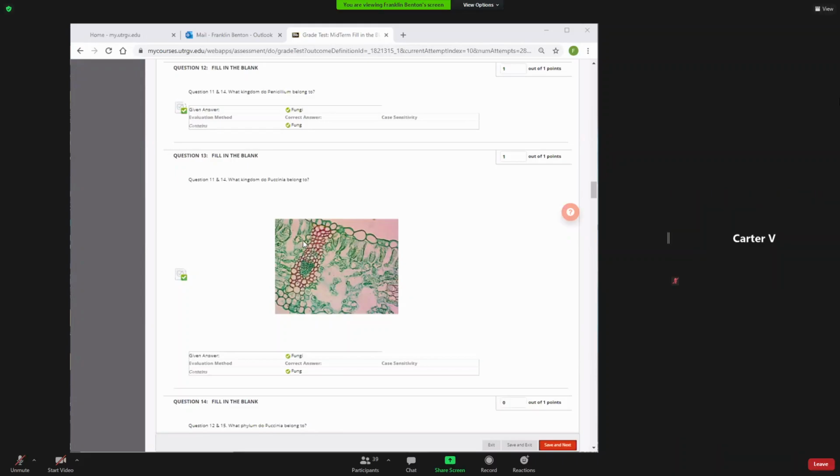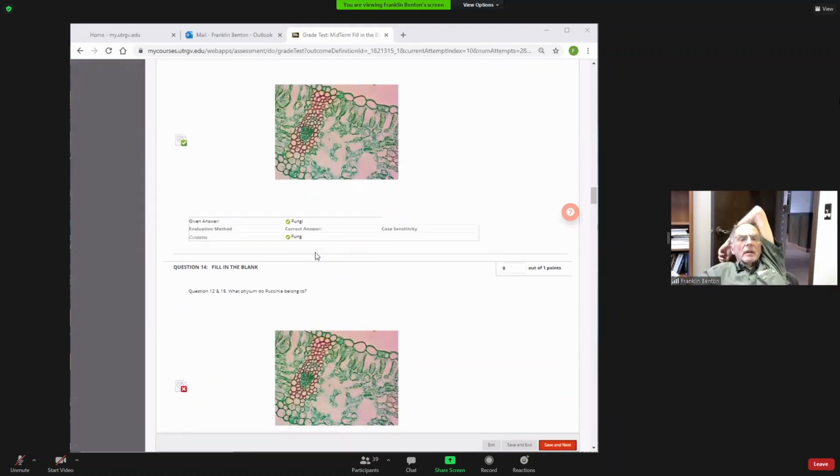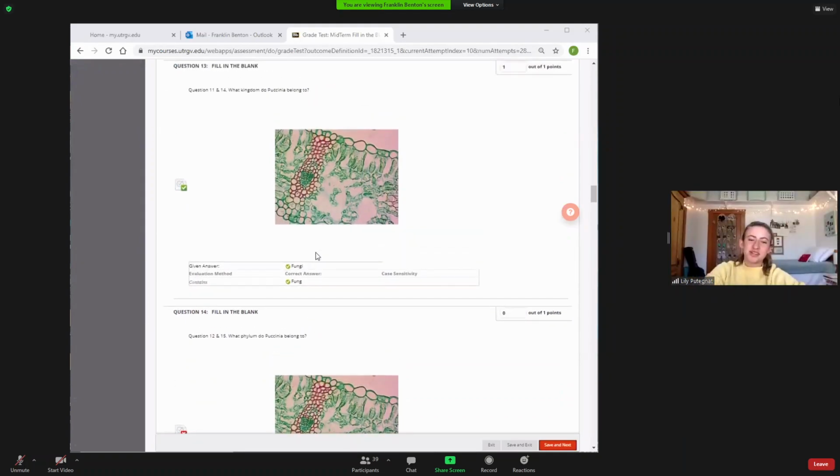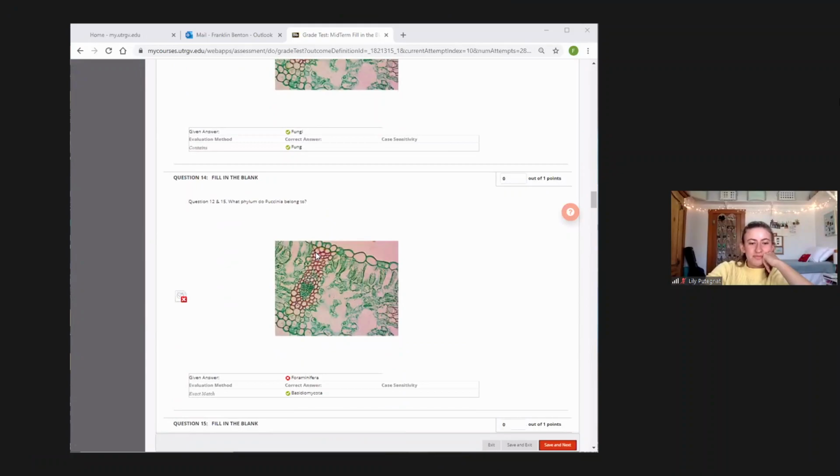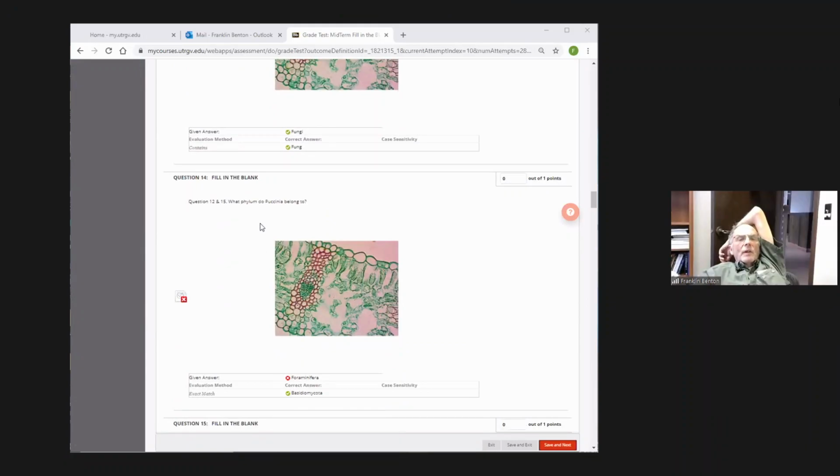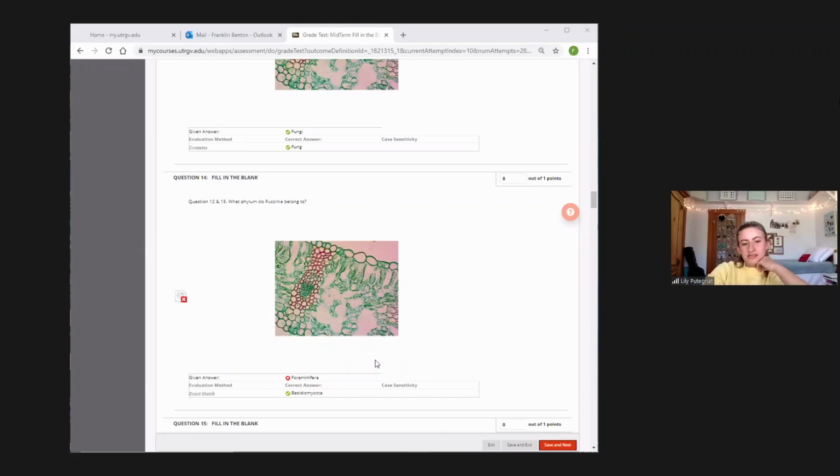Fungi. It's a fungus. Now, to what phylum does Puccinia belong? Basidiomycota.